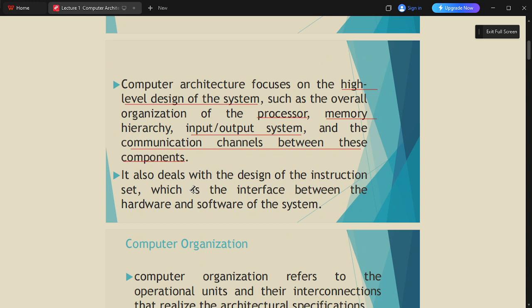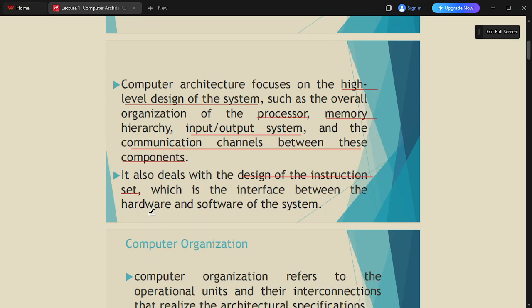Moving on to the next point, and the last point about computer architecture. It says computer architecture deals with the design of instruction sets, which is the interface between the hardware and the software system.